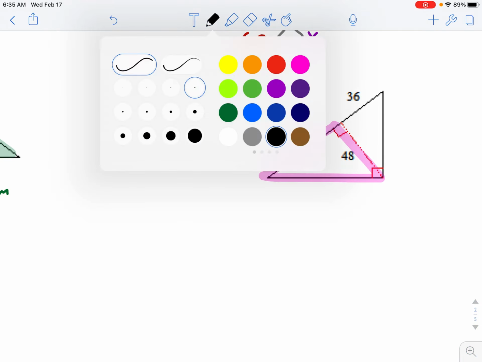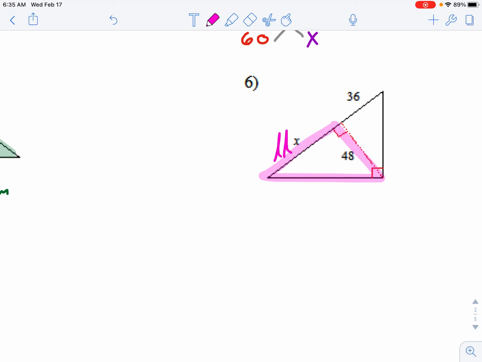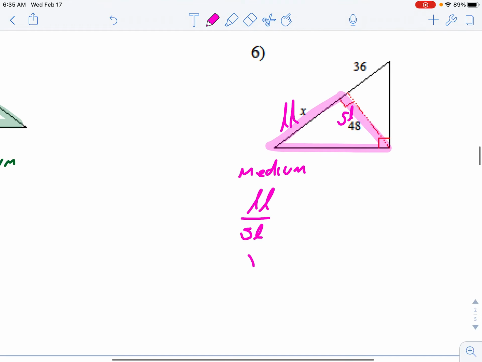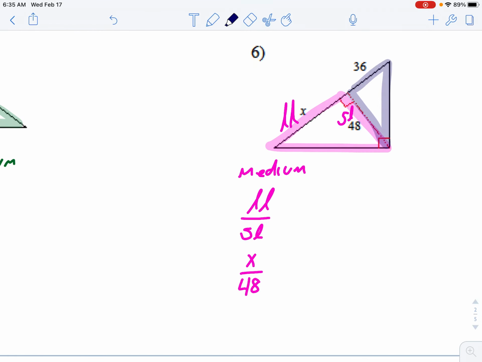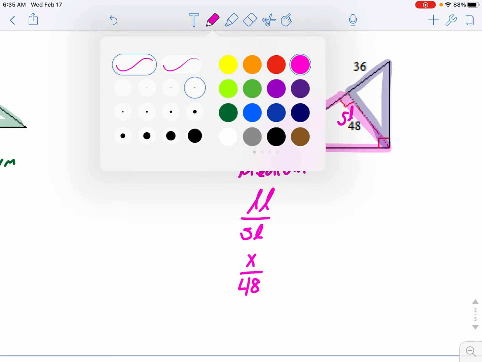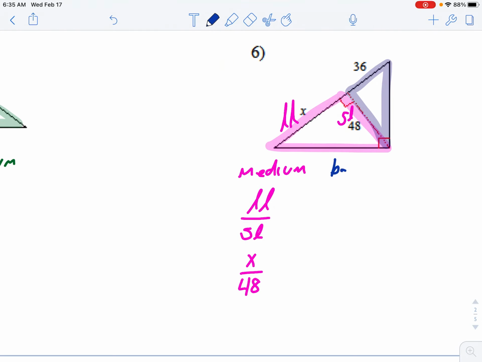And this medium triangle right here, I got the long leg and short leg. Got the long leg, short leg, filling in those numbers. I got x over 48. And then this baby triangle, the long leg is 48 and the short leg is 36.